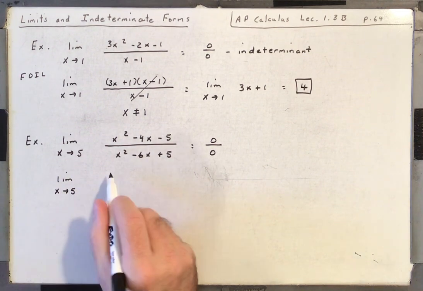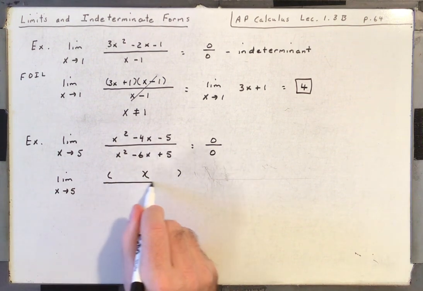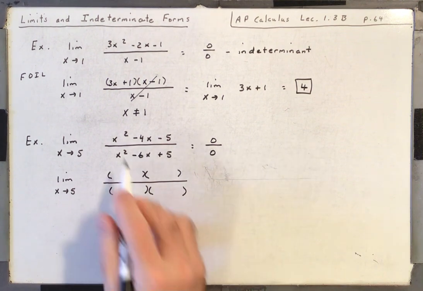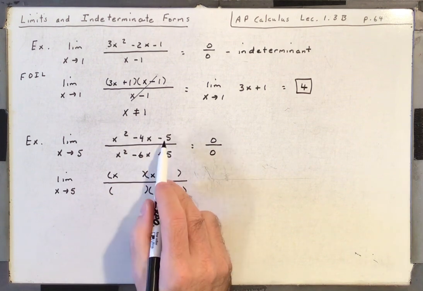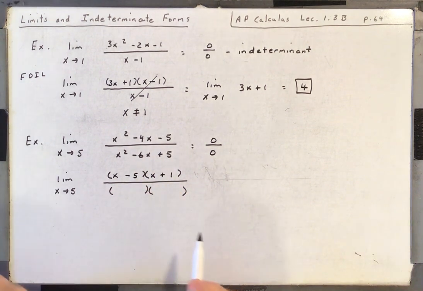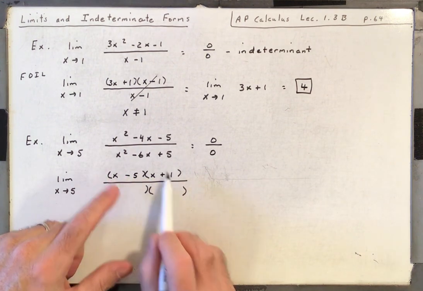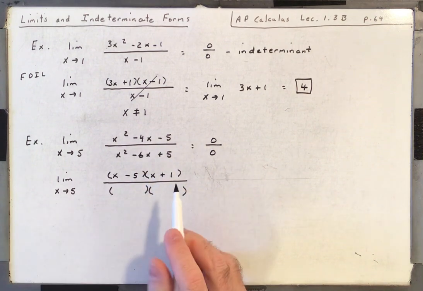So I'm just going to go ahead and write the parentheses. Okay, this top one will factor into x, I think minus 5 plus 1 will work. Let's FOIL that out real quick. x squared minus 5x plus x will give you minus 4x. Negative 5 times 1 is negative 5.